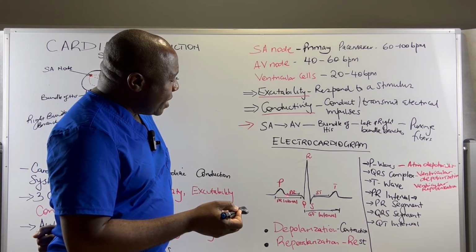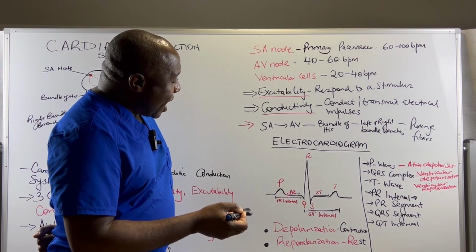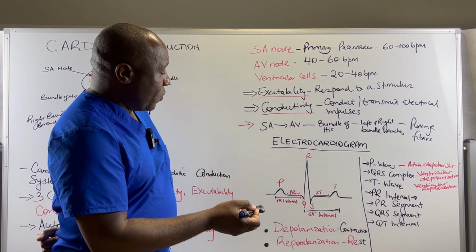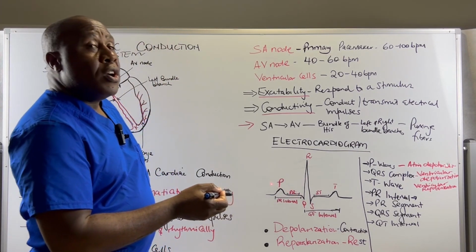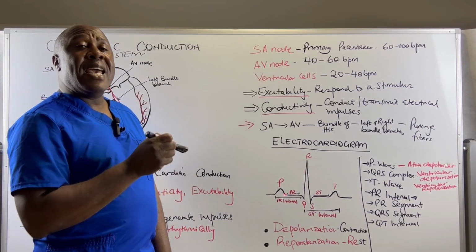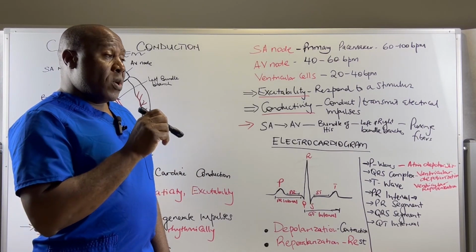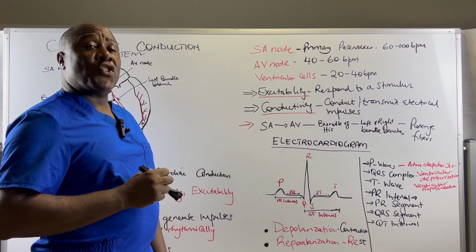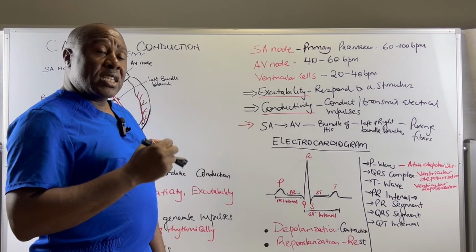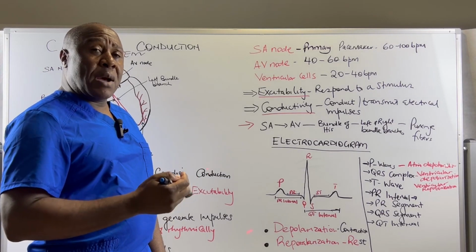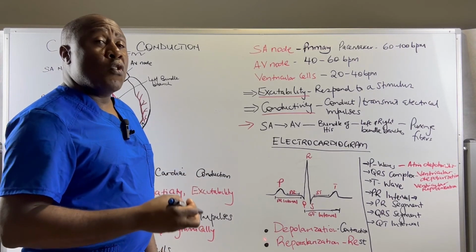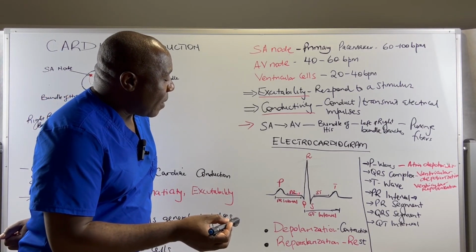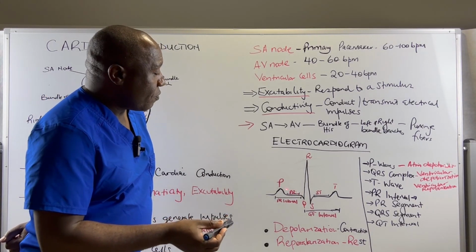Now we have the PR segment, from the end of the P wave to the beginning of the QRS wave. The PR segment represents that delay at the AV node. Remember we said that when the electrical impulse arrives at the AV node, there is a slight delay in transmitting it. Why? So that the ventricles can fill up with blood. That delay of the impulse at the AV node is represented by this particular PR segment.